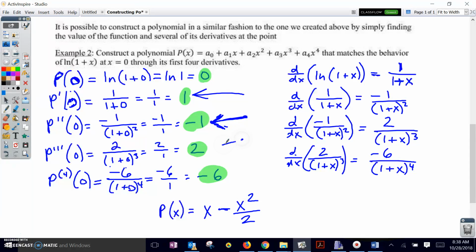This next one is going to be over 3 factorial, so our coefficient is going to be 2 over 3 factorial. 3 factorial is 6. So 2 over 6, which is 1/3. So 1/3 is going to be our x to the third coefficient.